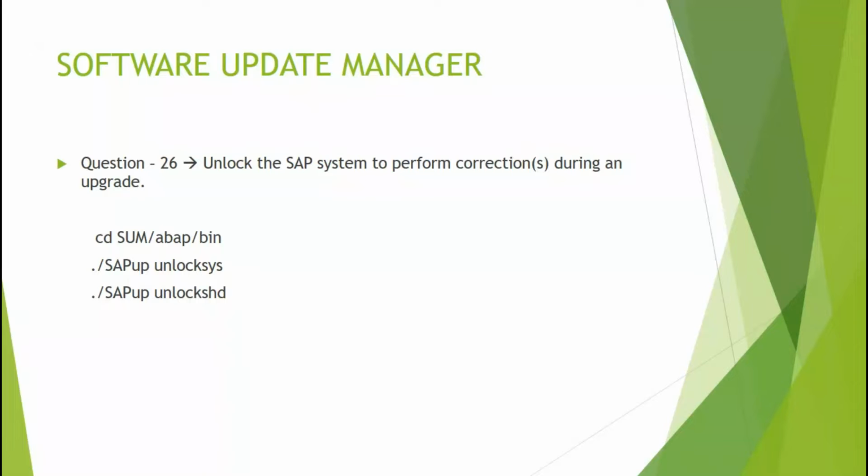In the /usr/sap/SUM/abap/bin directory, you have to go and run ./SAPup unlock sys or ./SAPup unlock SHD to unlock the system, and ./SAPup lock sys and ./SAPup lock SHD for locking the system.